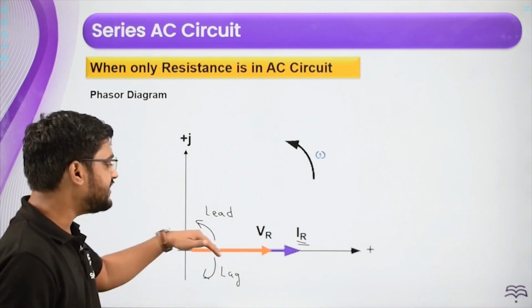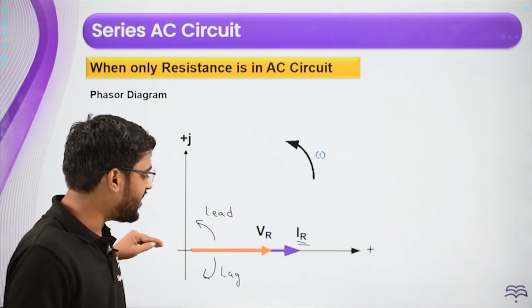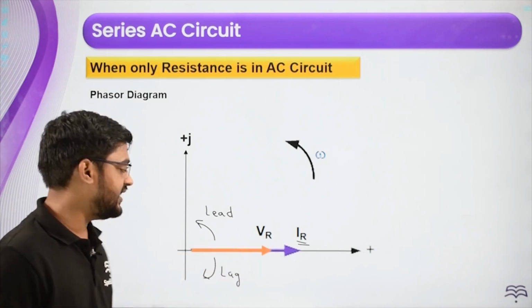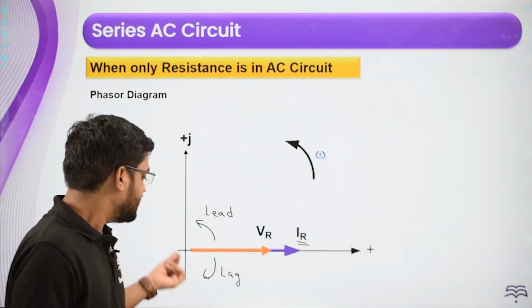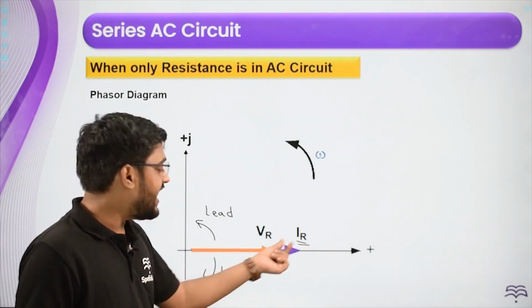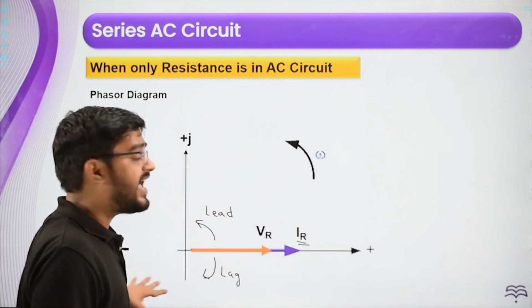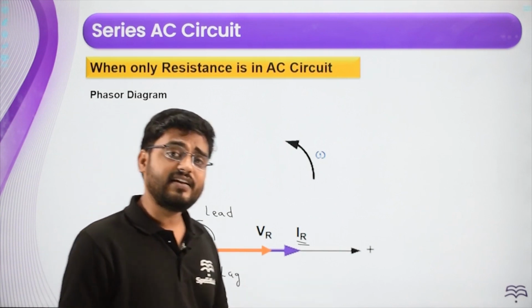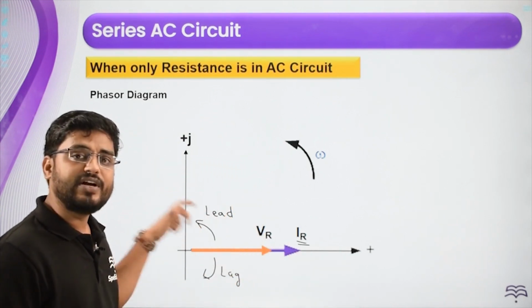Here voltage doesn't lead and doesn't lag. It is in the same phase. That's why we are drawing our voltage also here only. So in the case of a pure resistive circuit, the voltage is drawn on the same axis as current. That means they are in phase. We are going to discuss the phasor diagram in more detail, and it will make more sense when more components add up.